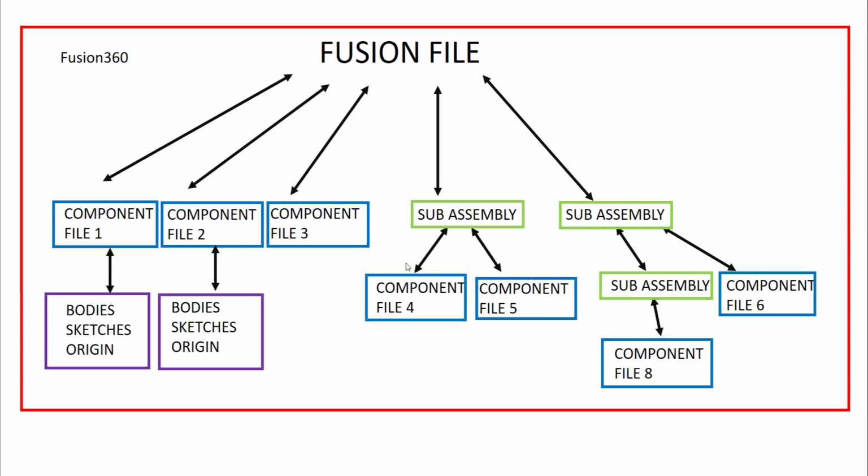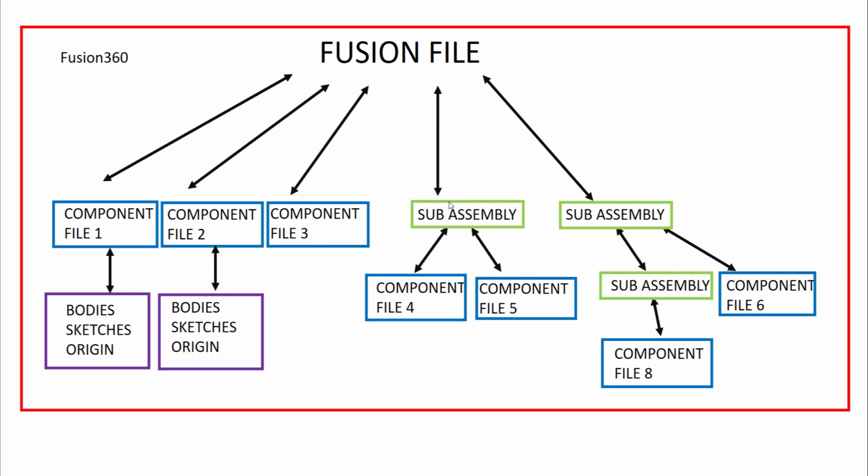So you've got your individual components, or what they would know in other CAD packages as part files, and inside these components you have things like bodies and sketches and origins, and these are assembled together to create an assembly inside this Fusion file for that project.